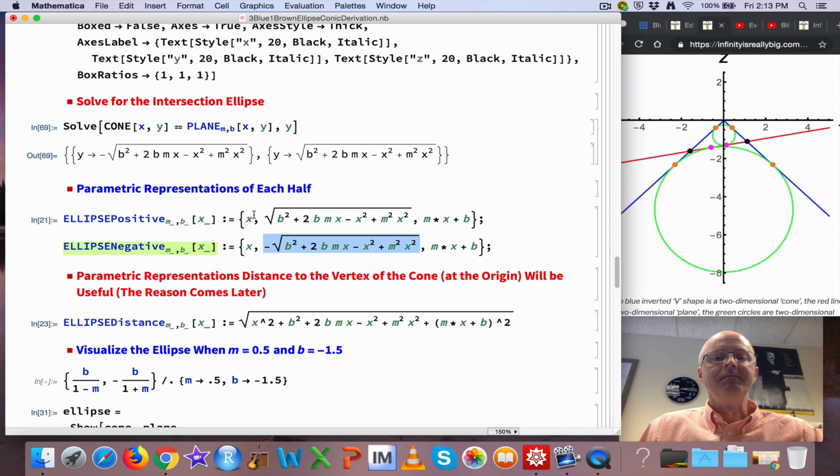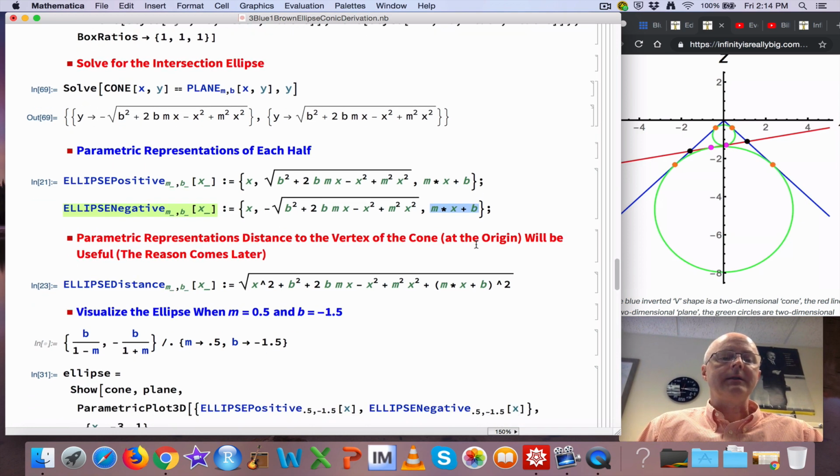In fact, I used the negative one because that was in front of the picture, so you could see it better. In both cases, the X coordinate is X. The Y coordinate is given by these two things which come from solving this equation. And the Z coordinate is mx plus b because these points on the ellipse are on that plane that is intersecting the cone to give the ellipse.